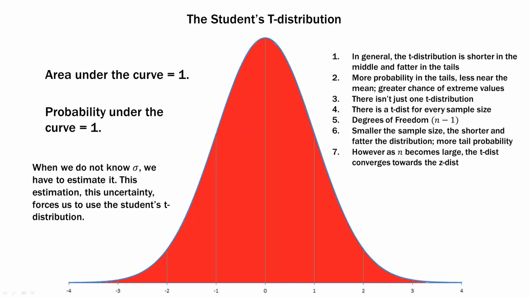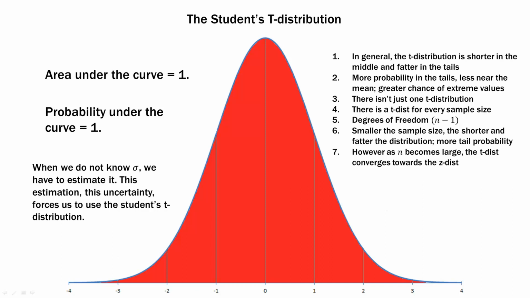Now, the smaller the sample size, the shorter and fatter the distribution, and the more tail probability there will be. So as the sample size gets smaller, we're going to have a higher probability of more extreme values away from the mean. However, as the sample size becomes large, the t-distribution converges towards the z-distribution.